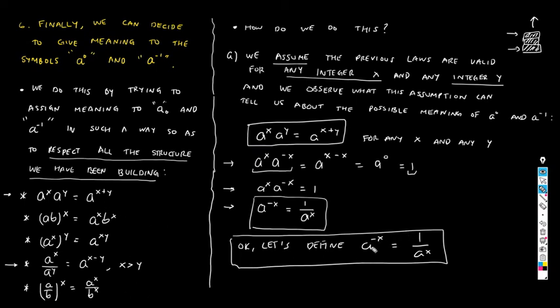Any other way that you want to define this symbol, a to the minus x, will bring cracks or will not be in harmony with all of this structure. You see, that's why we define the symbol to be equal to this. But it's not a demonstration, it's a definition. We just say it is.